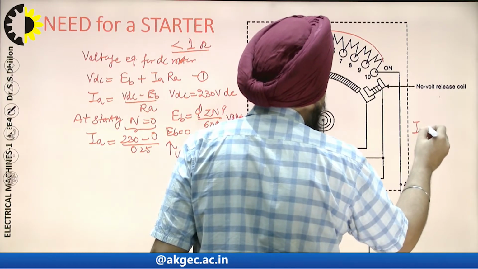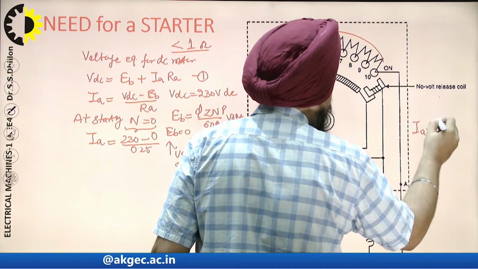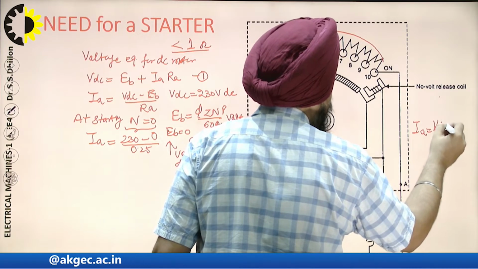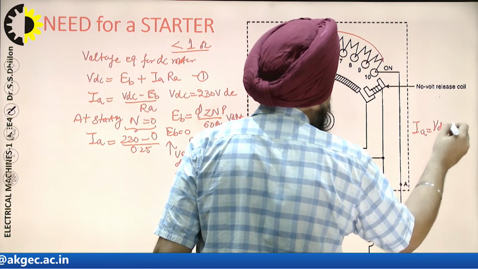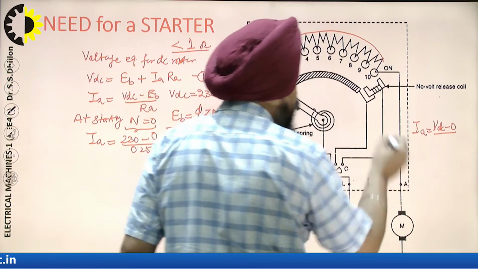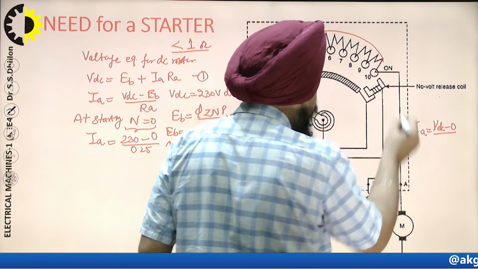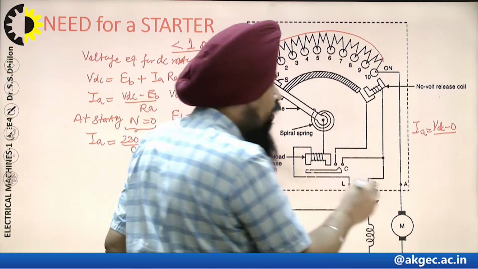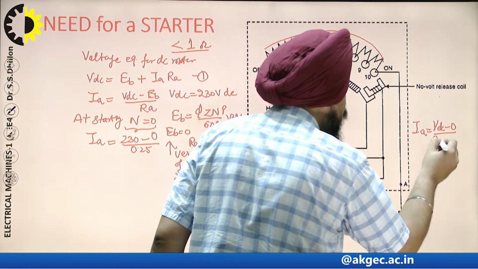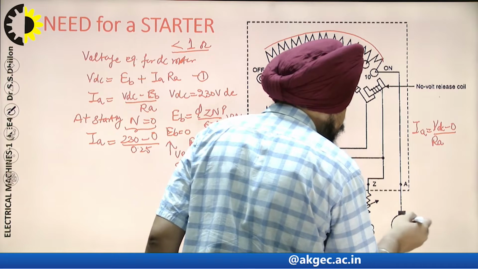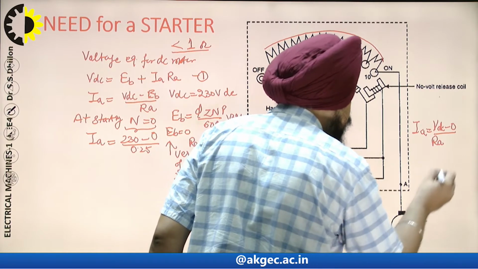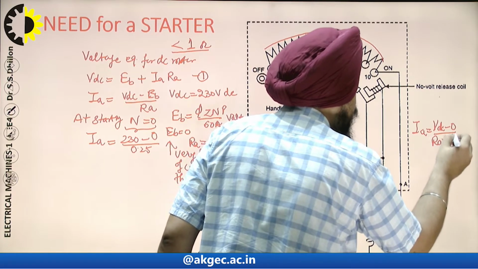I_A equals V_DC again, and our back EMF is almost 0 at starting. How can we reduce the magnitude of the starting current? With the help of the armature resistance, which is always there, and the starter resistance.